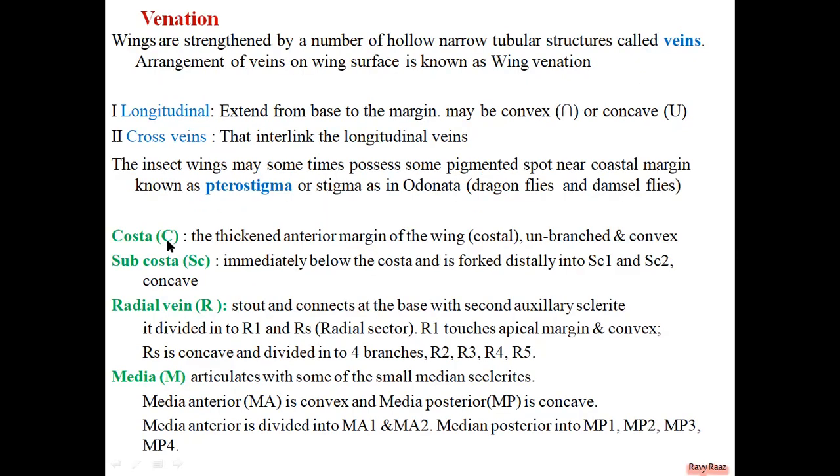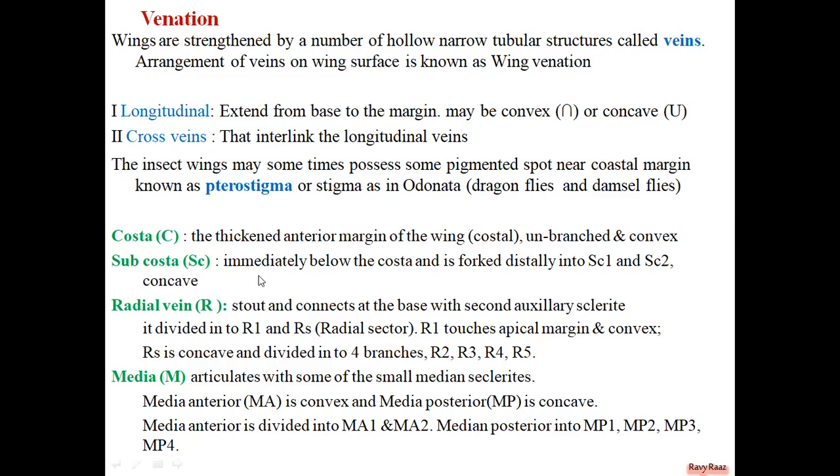So, costa, C, is the thickened anterior margin of the wing, unbranched and convex. The costa is an unbranched margin present in the anterior margin of the wing.